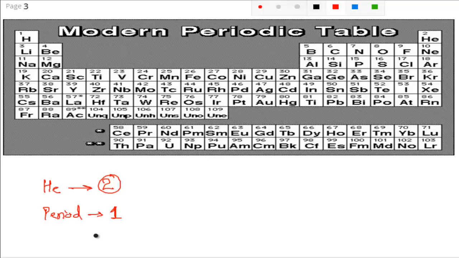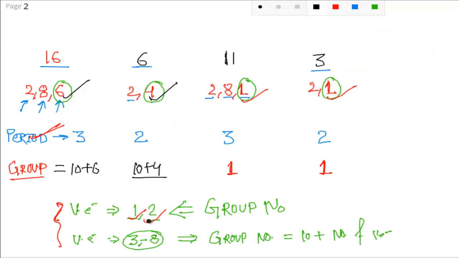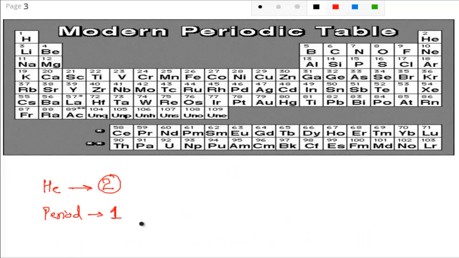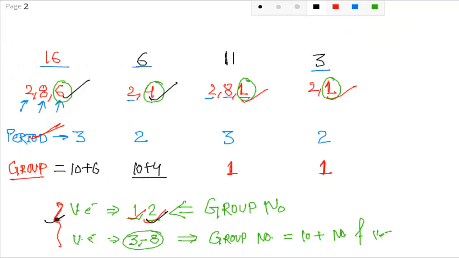So its valence electron is 2. Through this rule you would say that the group number is 2, but actually it is not. Its group number is 18. So this is very important, guys. Just remember about helium. For the rest of the elements, this will work.